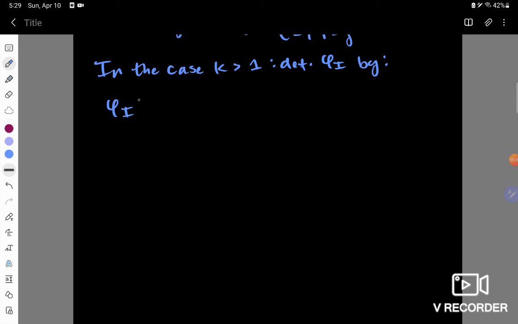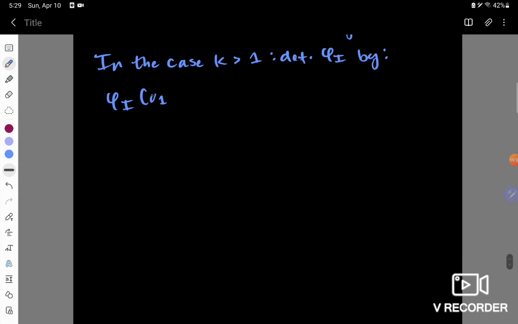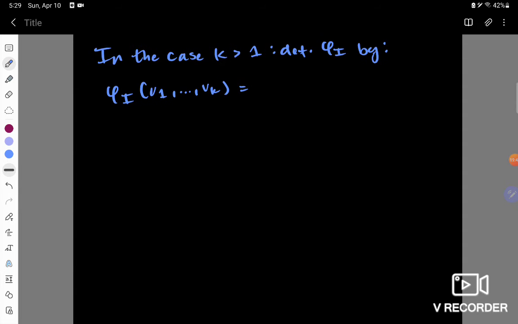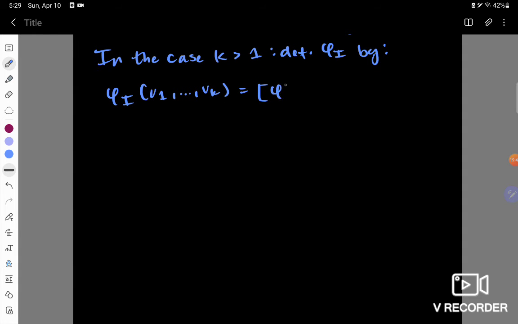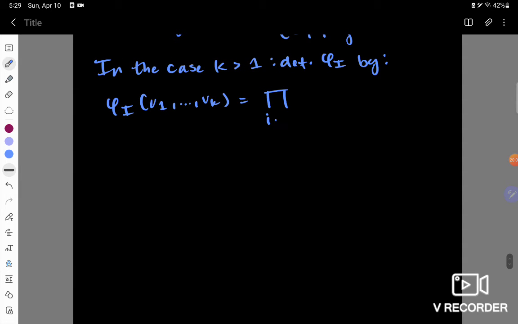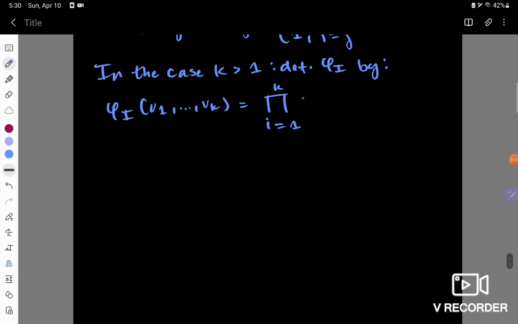So phi sub I on v1 through vk of vectors equals this product over here, where phi I1 of v1, maybe I should write this with product notation. That'll be a lot easier than writing it exhaustively, I think. So let's just write this product, I equals 1 to k, where we have phi I1.